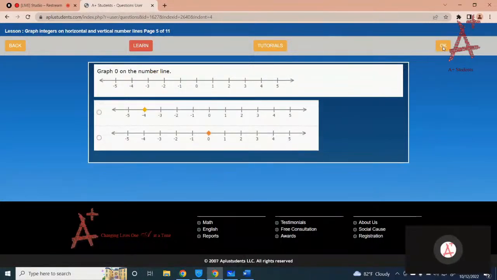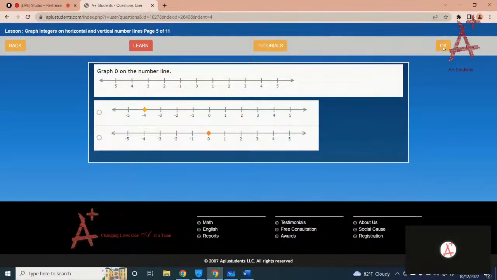Okay, graph 0 on the number line. Is it the first one or the second one? Which graph represents 0, the first one or the second one? The first one?